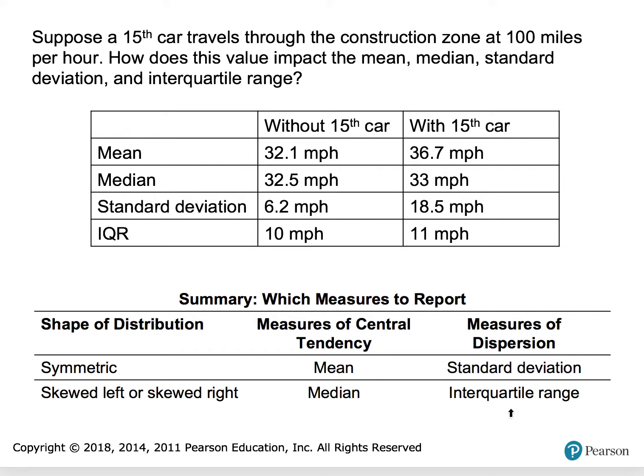So for the remainder of this course, the direction describe the distribution is going to mean describe the shape, symmetric, skewed right, skewed left, state the center, using either the mean or the median, and its spread, the standard deviation or IQR.